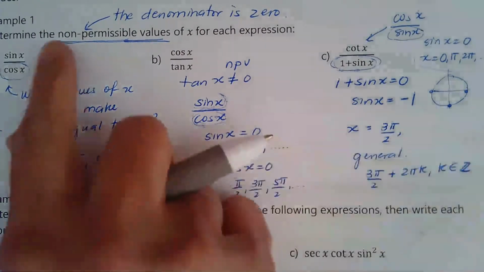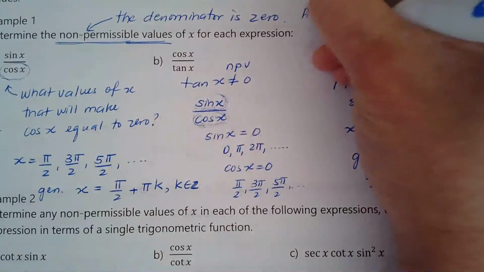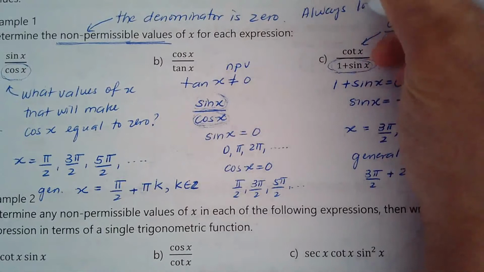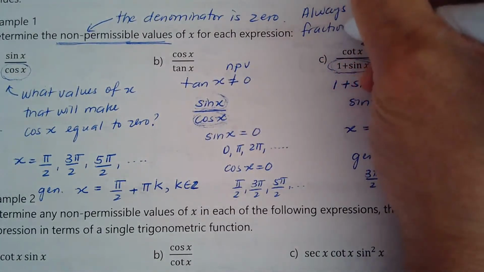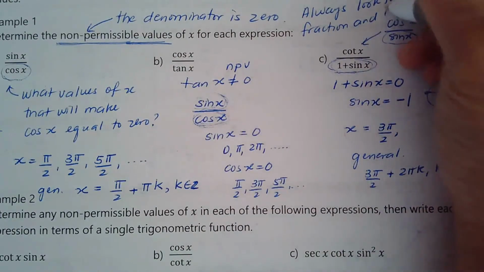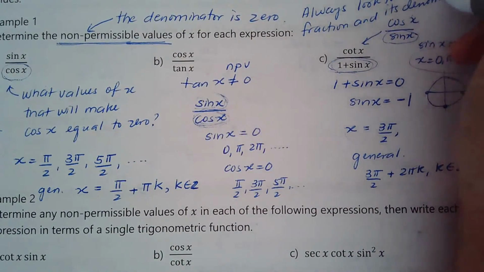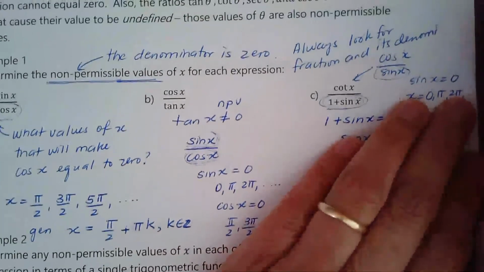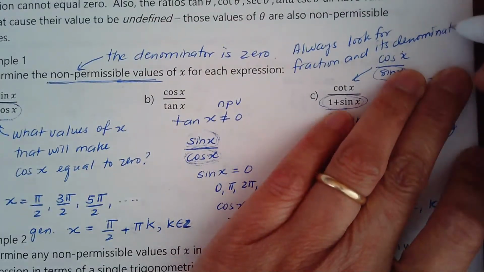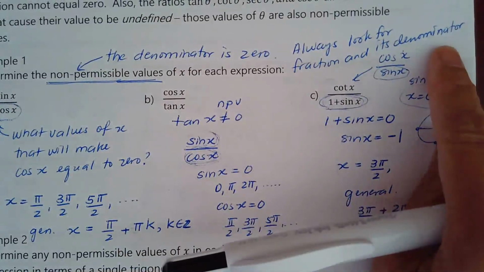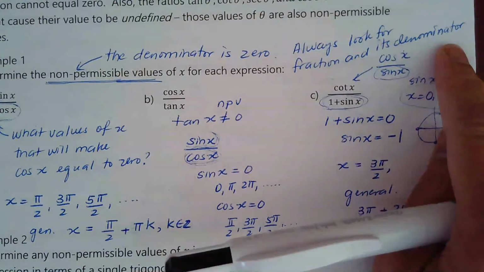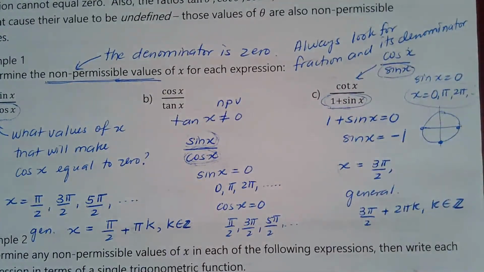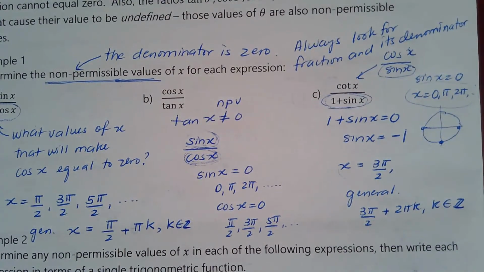So in this particular case, always look for a fraction and its denominator, because every time there's a denominator of 0, it will become undefined, and that will be a non-permissible value. Okay, so that's that part.